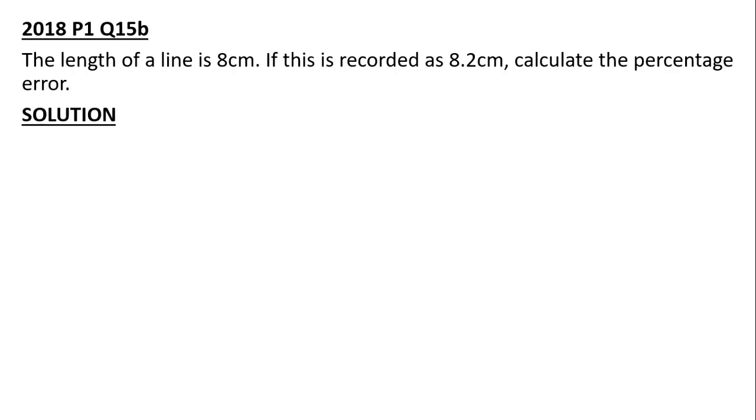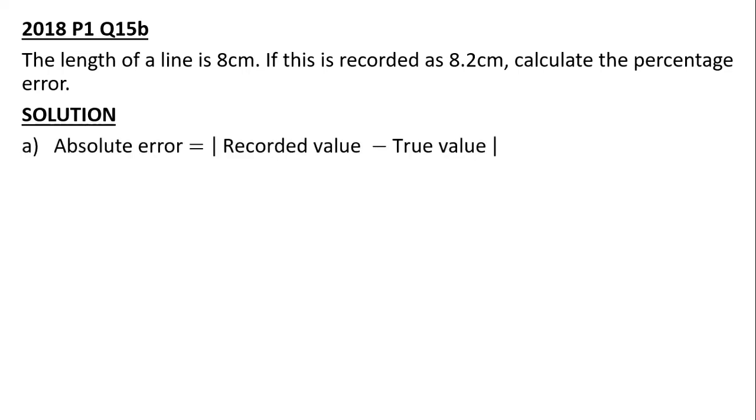2018. The length of a line is 8 centimeters. If this is recorded as 8.2 centimeters, calculate the percentage error. Absolute error equals the modulus of the recorded value minus the true value. The recorded value was 8.2 and the true value was 8.